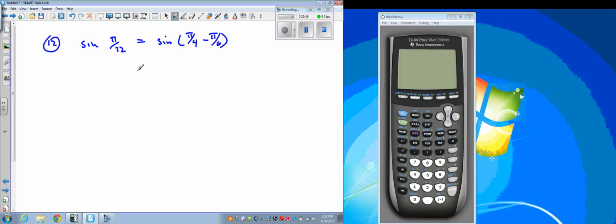So now what's the identity here? Sine of the first, cosine of the second, and then it's minus, isn't it? Cosine of the first, sine of the second.